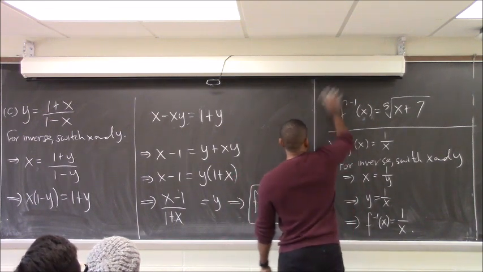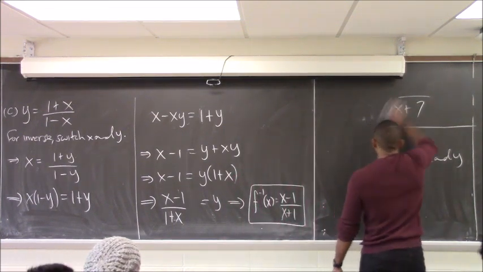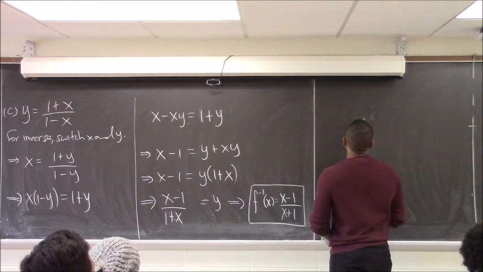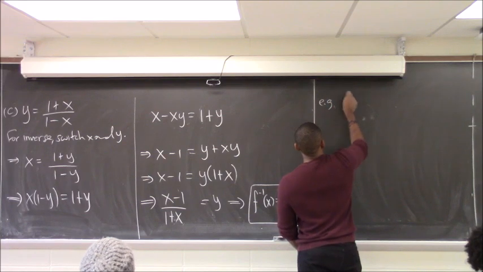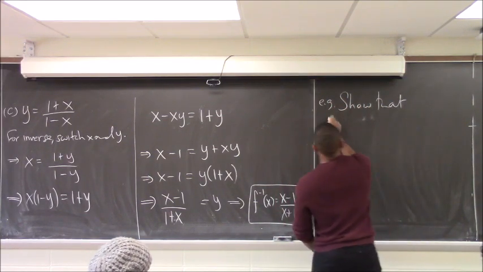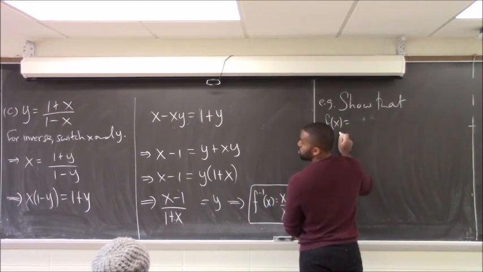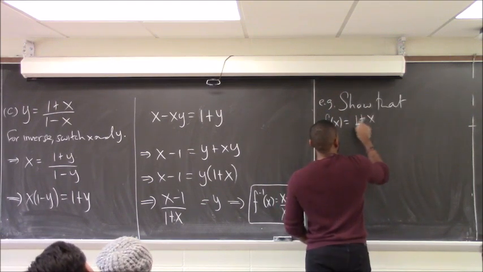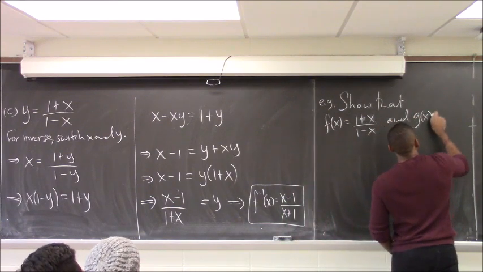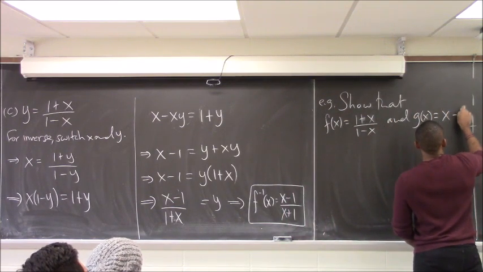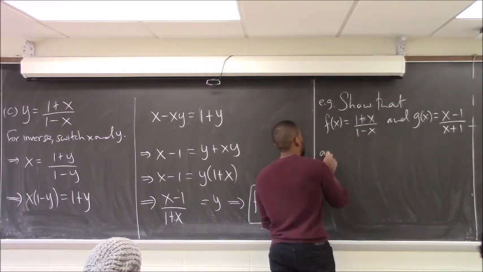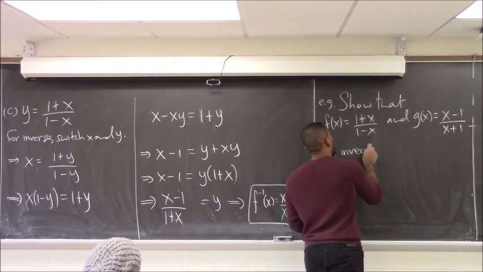Okay, so for fun, suppose I asked you to show that these two are inverses. So, another example, show that f of x equals 1 plus x over 1 minus x, and g of x equals x minus 1 over x plus 1 are inverses of each other.